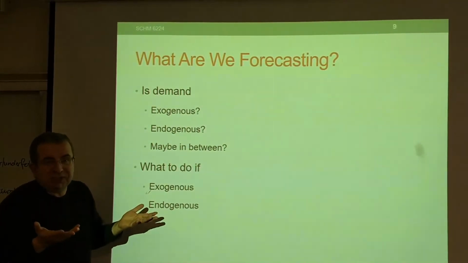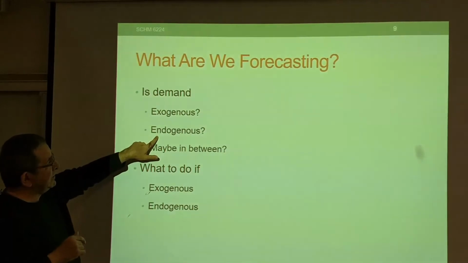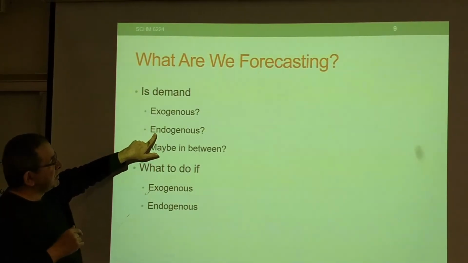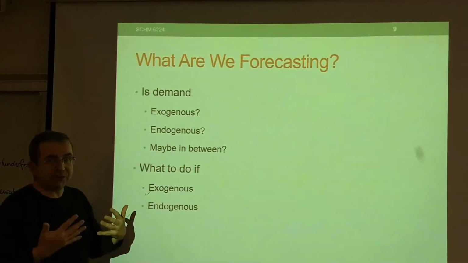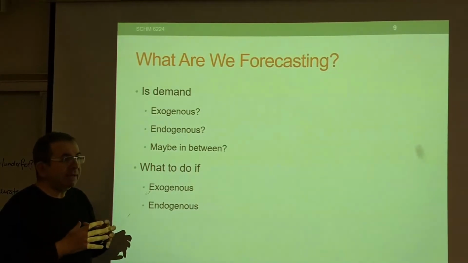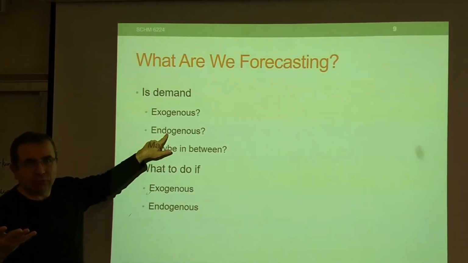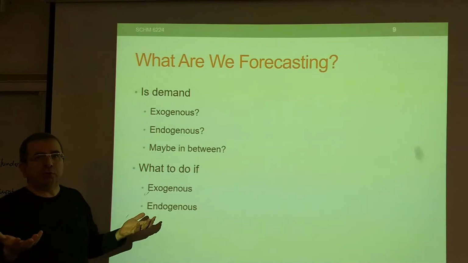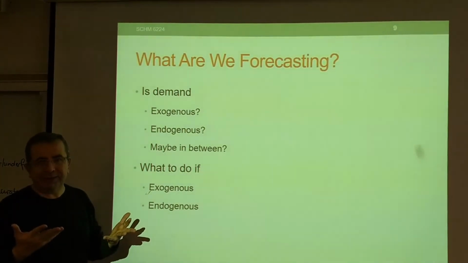They need as much as they need, and that's it, and not more. But endogenous means there are some factors within your control where you can influence demand. So let's say Botox. The demand for Botox is endogenous. You can do something about it.